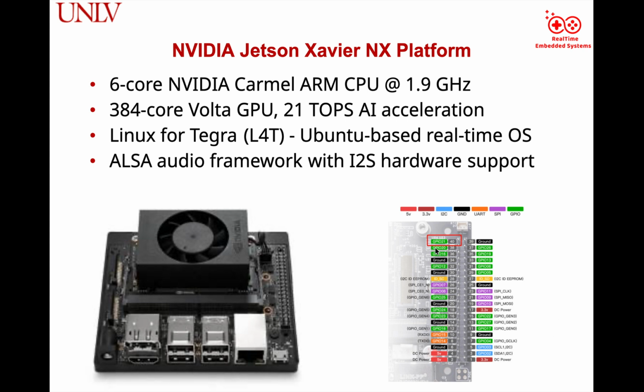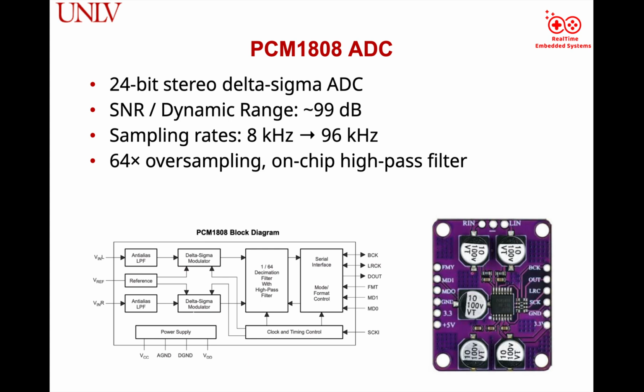So here are some inputs and outputs that we can use to communicate with the NVIDIA Jetson. Right here you can see. Other than that, without an input interface, we cannot communicate directly with the NVIDIA Jetson.